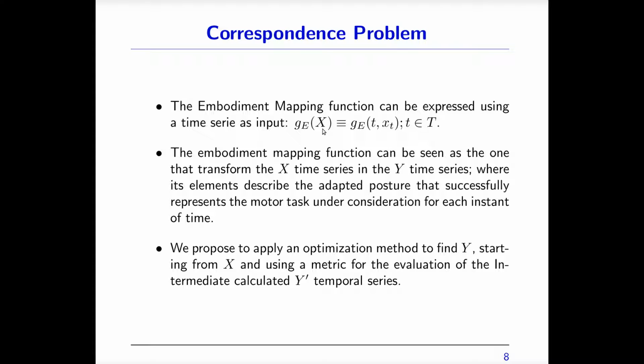Using this notation, the embodiment mapping function can be seen as the one that transforms the X time series in the Y time series, where Y elements describe the transformed posture that successfully represent the motor task under consideration executed by the trainee. We propose to apply an optimization method to find Y starting from X and using a metric for evaluation of the intermediate calculated temporal series.